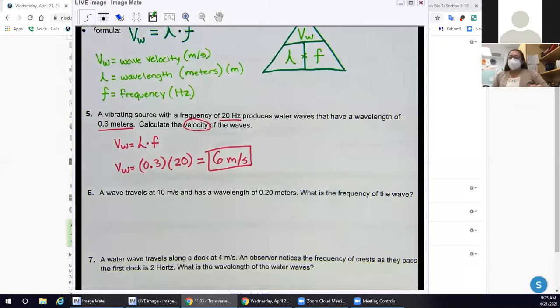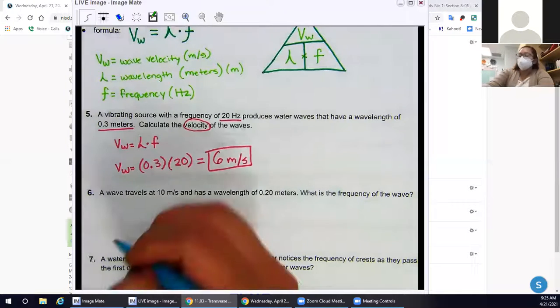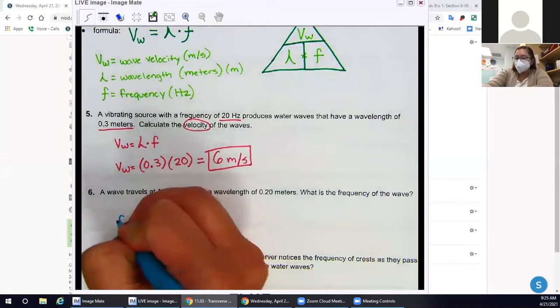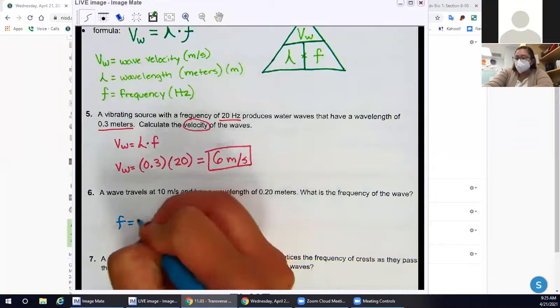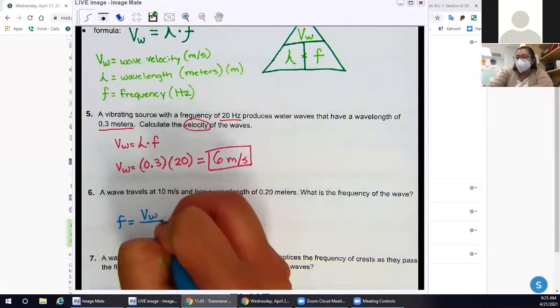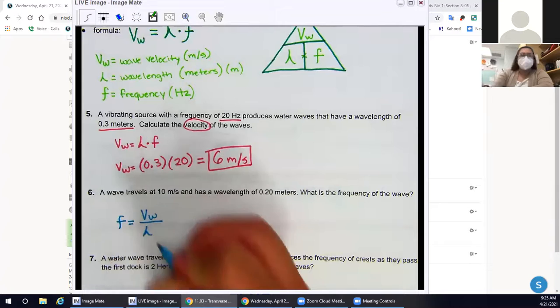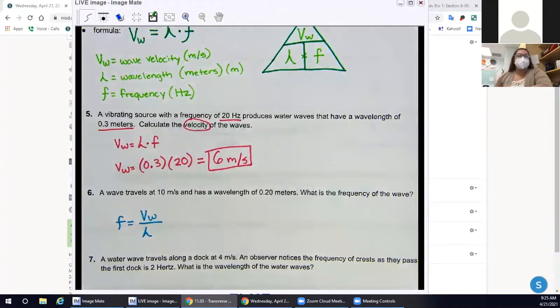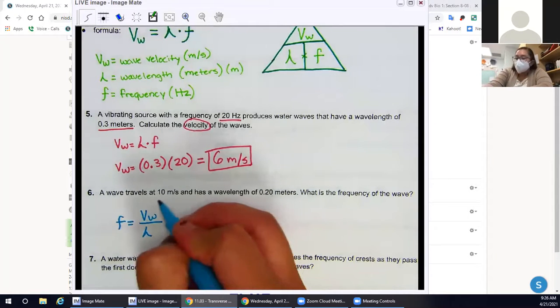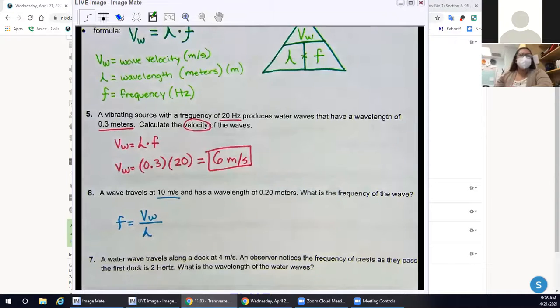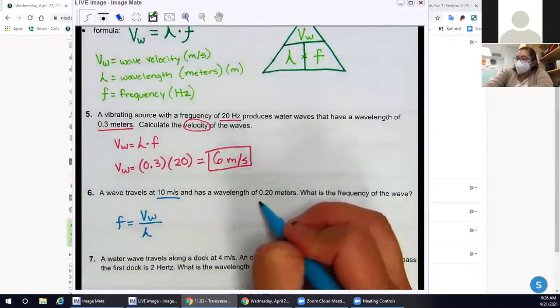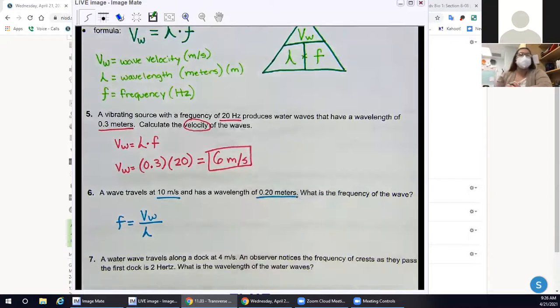This time I'm not going to do algebra. This time I'm just going to write the formula as is. Frequency equals VW over wavelength. I know my velocity is 10 meters per second. I know my wavelength is 0.2 meters.